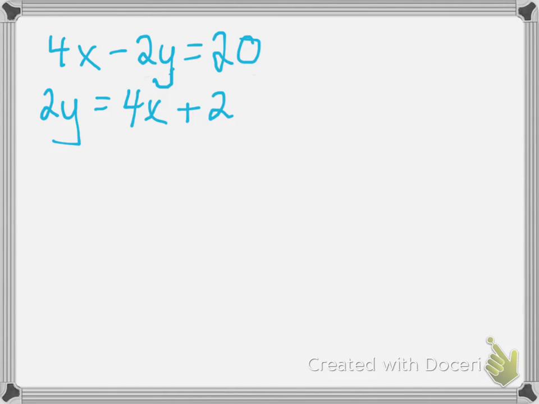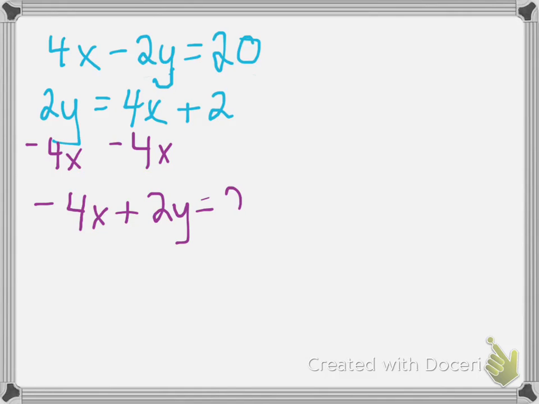All right, this last example, first thing you want to check for is to make sure all your variables are lined up. In this case, currently none of them are in line, so you need to get them all in order. On the second equation, you're going to subtract 4x. So you have negative 4x plus 2y equals 2.